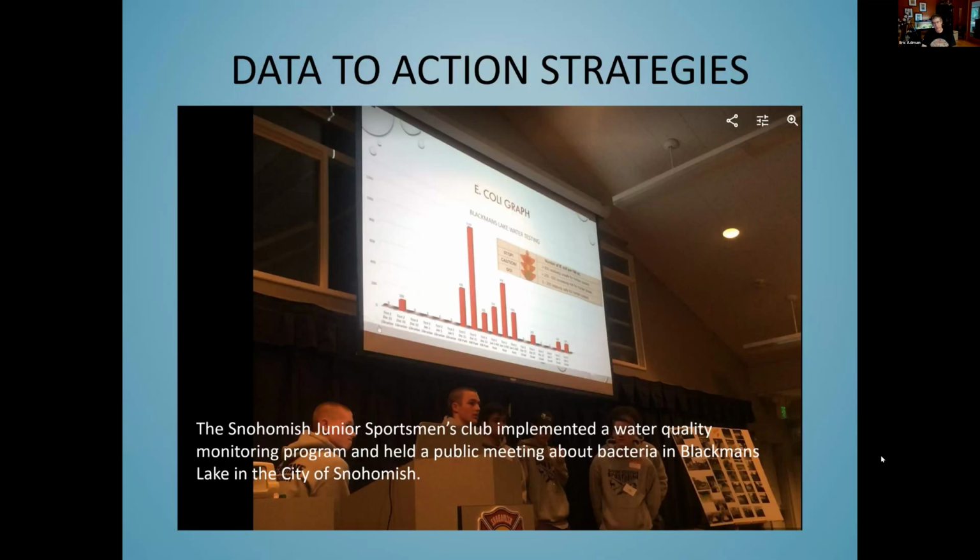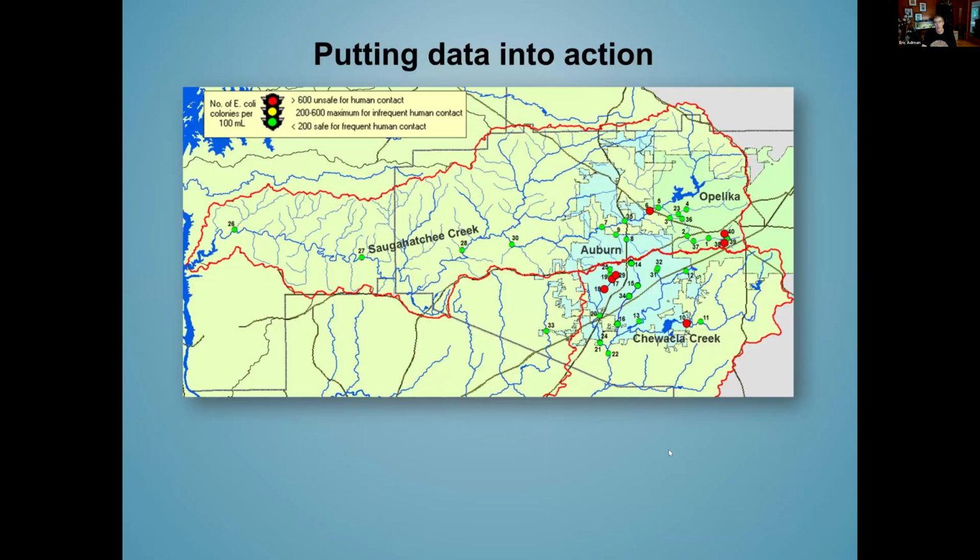Here's an example of a group of young students in Snohomish. They implemented a water quality monitoring program, and they held a public meeting to highlight their findings. That's an example of a data-to-action strategy. This is an example from Auburn, where they took a series of simultaneous samples throughout a watershed and highlighted with red dots where they found high levels versus the green dots that were acceptable.